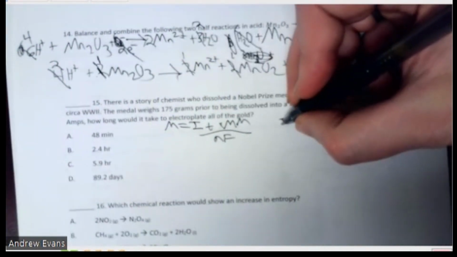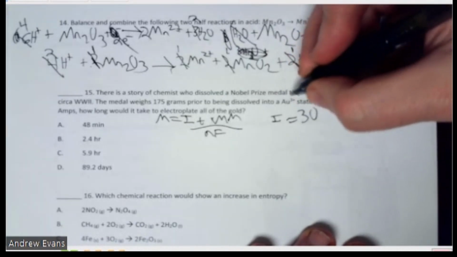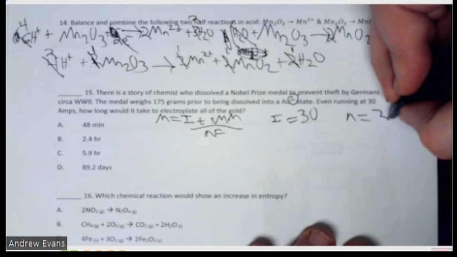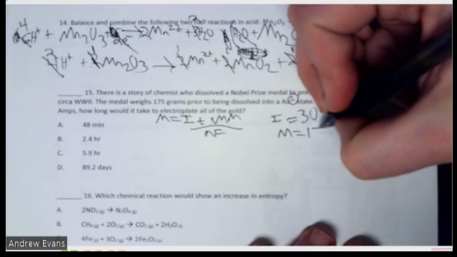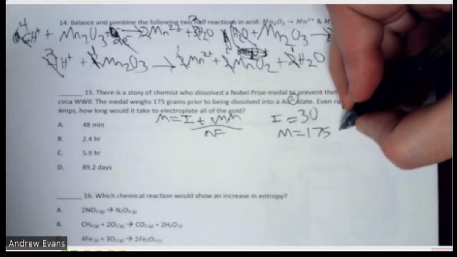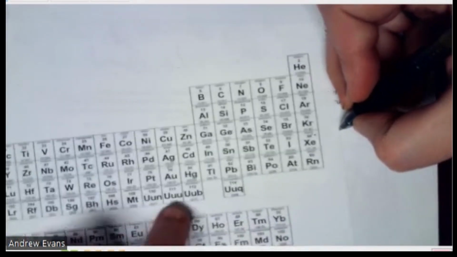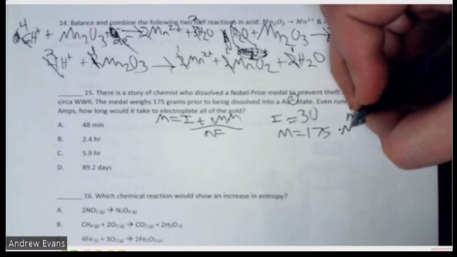My current is 30. N, because it's 3 plus, is 3. The mass is 175. Faraday's is Faraday's, and the molar mass of gold is about 197.